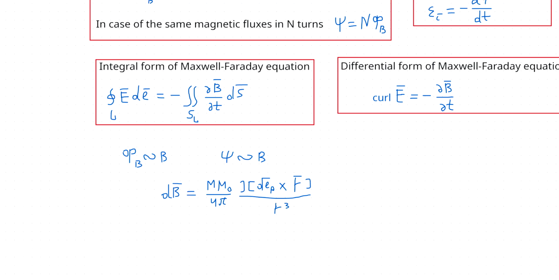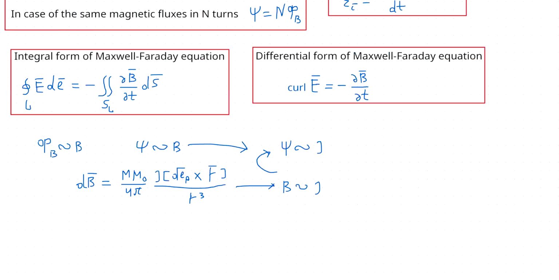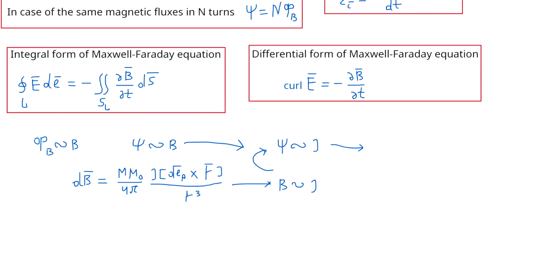And because of this, we can make a conclusion that B is proportional to current I. And from here and here, we can make a conclusion that psi, flux linkage, is proportional to electric current I. And so we can write this proportionality as a simple formula.